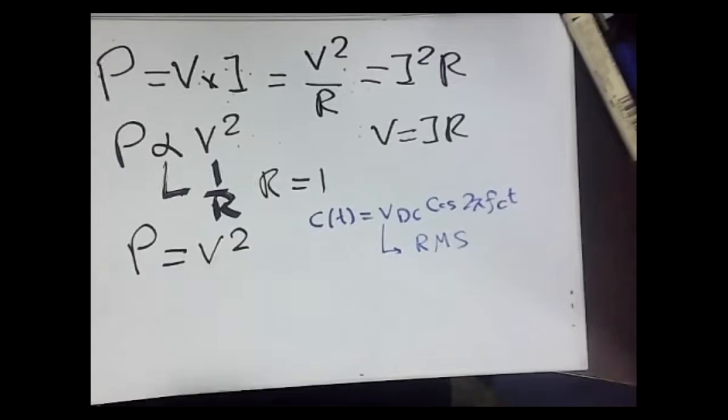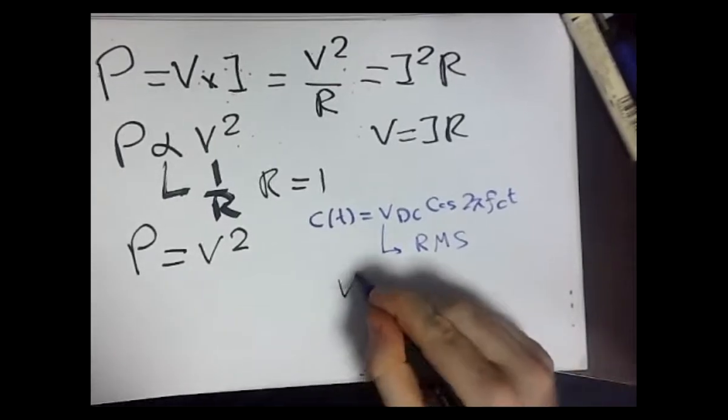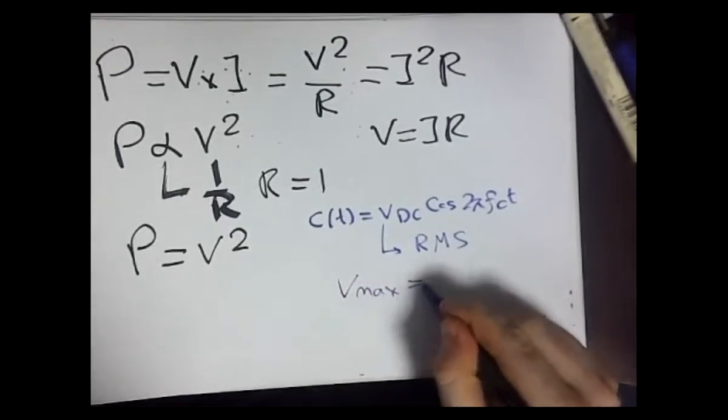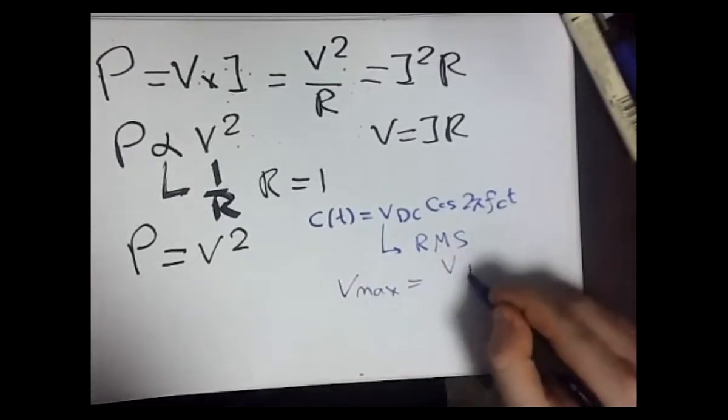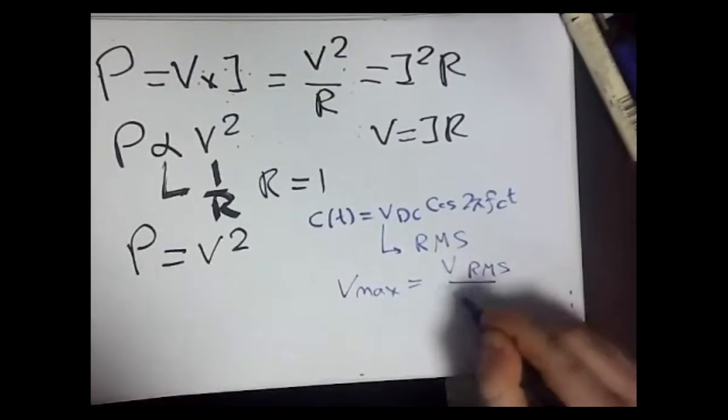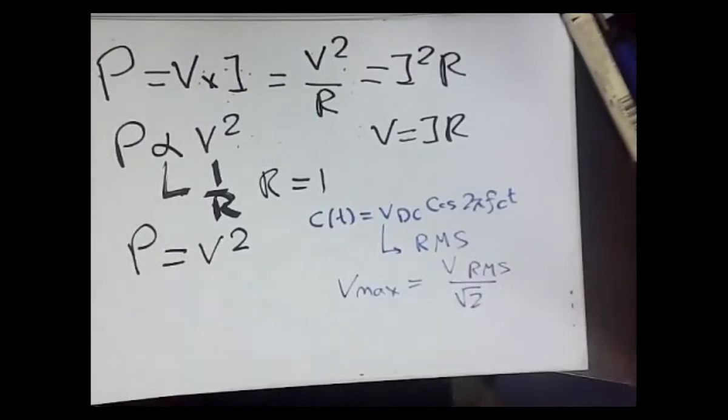So whenever you are going to calculate the maximum value using this root mean square, I believe that V max equals V root mean square times root 2, or V_RMS equals V max over root 2. I believe you already saw this equation before, somewhere in circuits, or maybe in probability courses or mathematics.